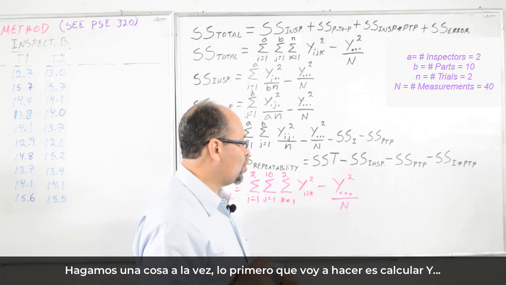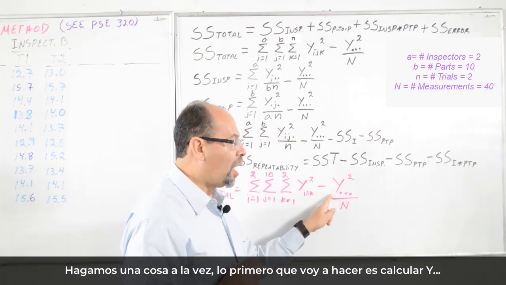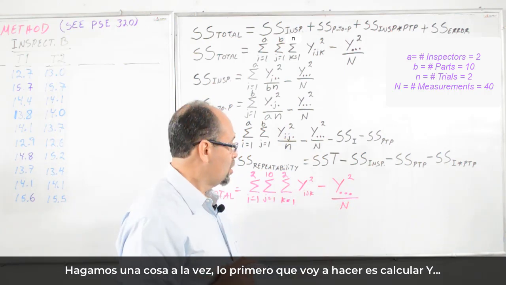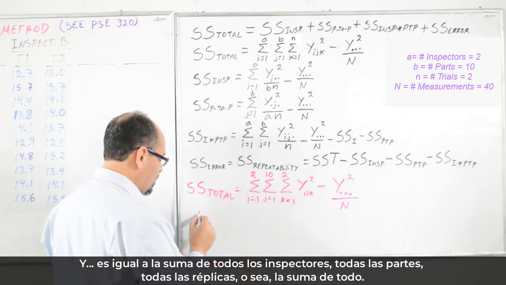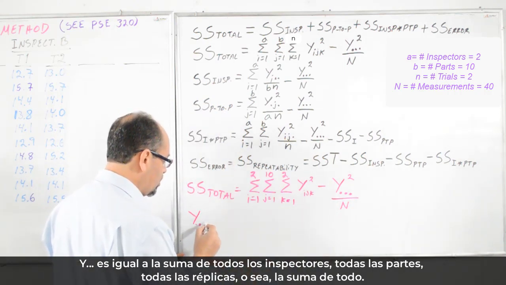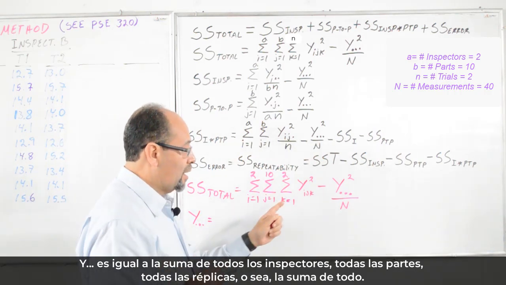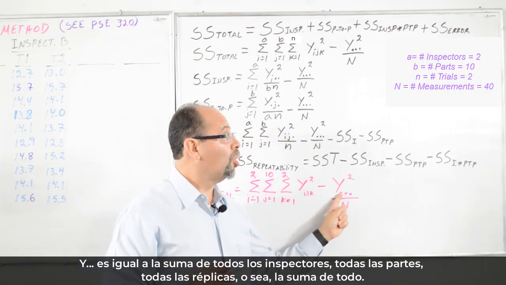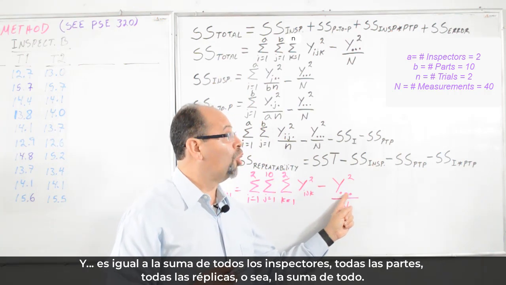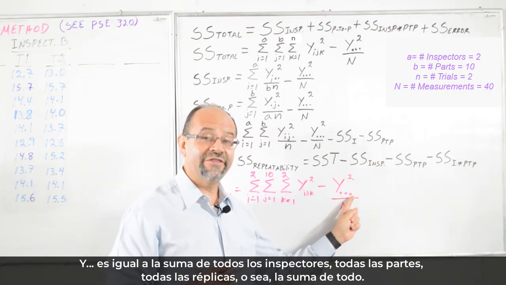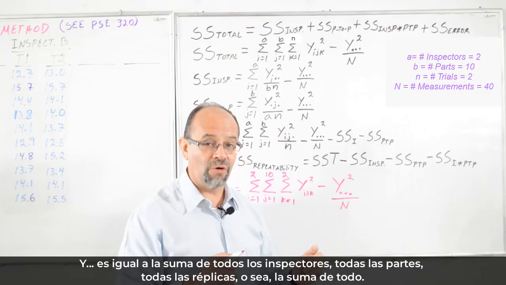The first thing that I want to calculate is y dot dot dot. Y dot dot dot will be equal to the value of all the inspectors, all the parts, all the trials, and that is the sum of everything.